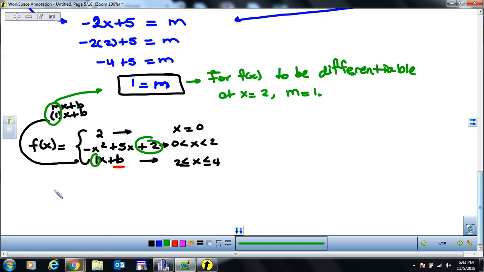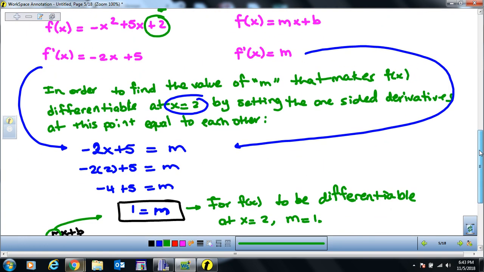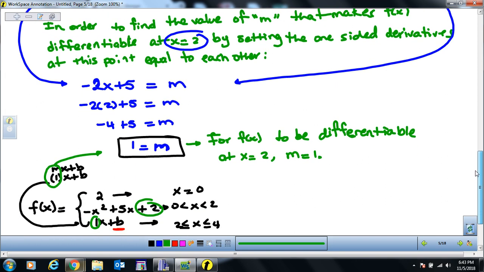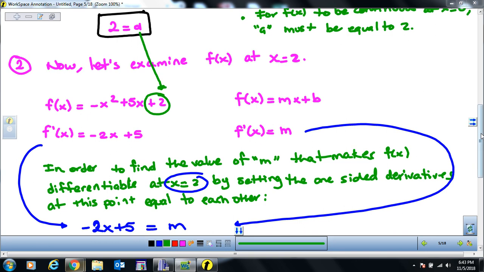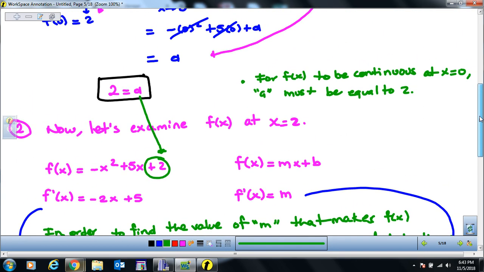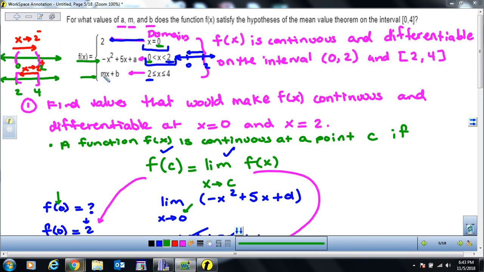So we're going to put here that I'm going to do something like I did in the previous step, where I set the derivatives equal to each other, which was a shortcut way of finding the limit as x was approaching 2 from both sides, right?